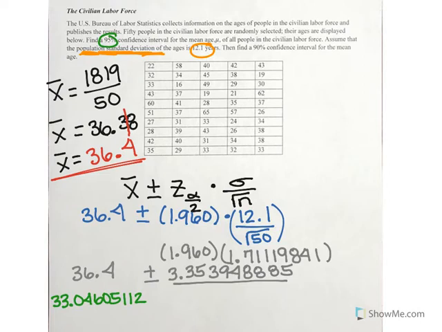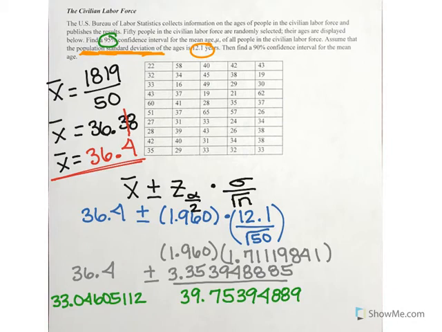And I'm going to take that same number, 3.353948885, and add it to 36.4. That gives us 39.753948885.